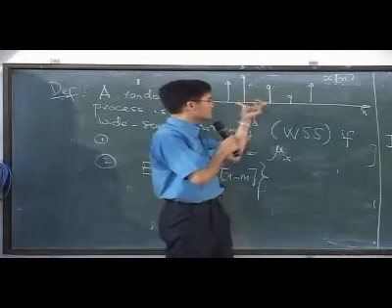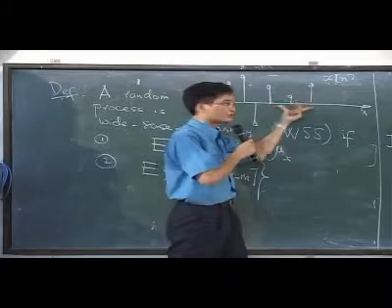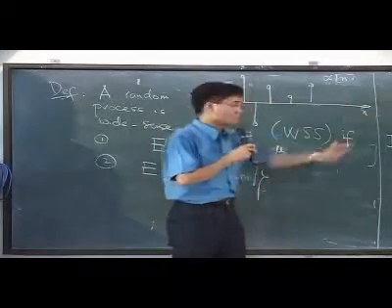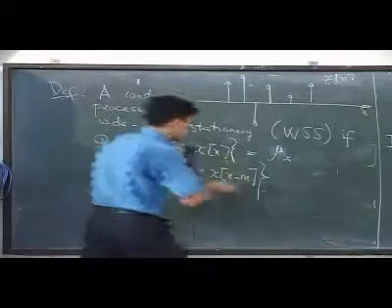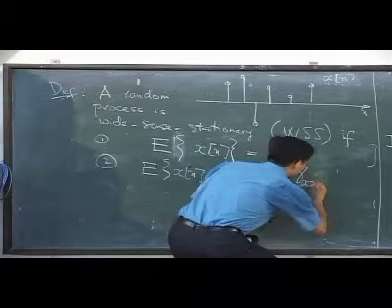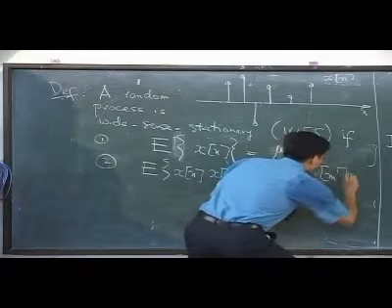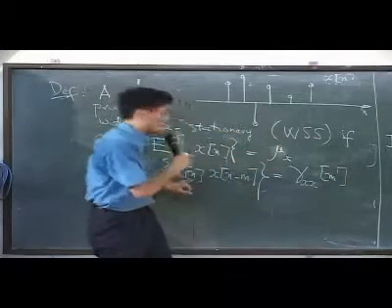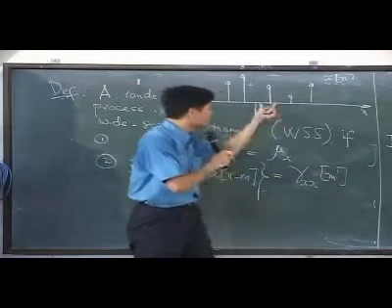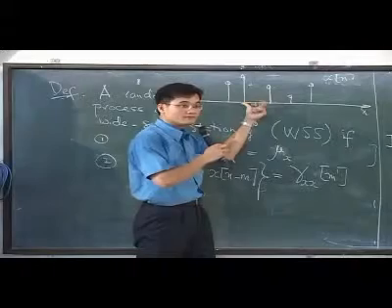And this function is the same for these two samples, the same for these two, and so on. So it's the same everywhere. Now it is a function, I call this gamma of x of m. This, of course, doesn't depend on n. It only depends on the distance between these two samples.